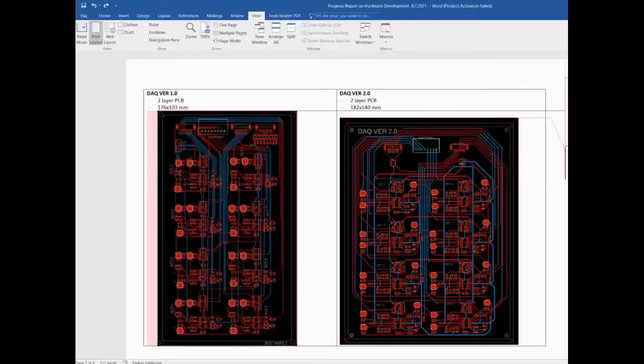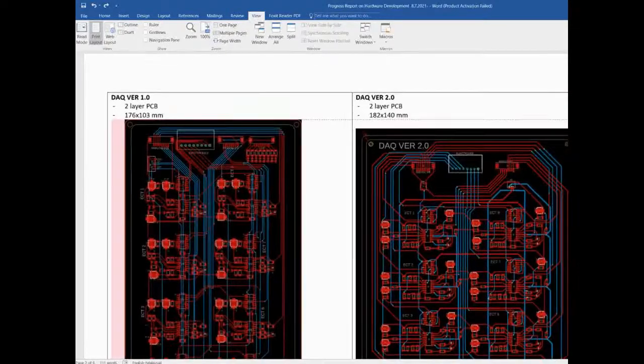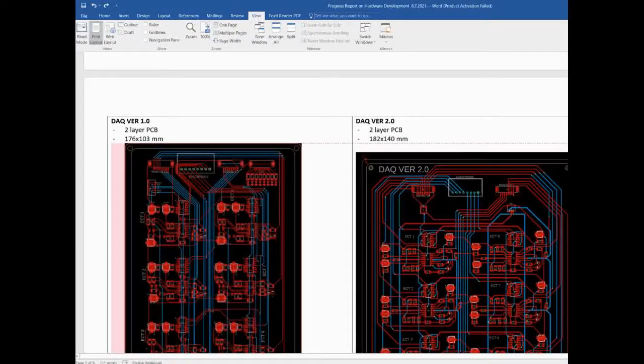Before I talk about what I've done in the latest design, I will explain more on what other faults are in my design. Besides routing within components, I also mixed analog and digital circuits in the same area.